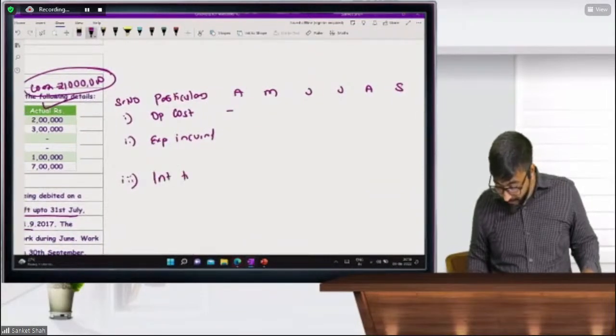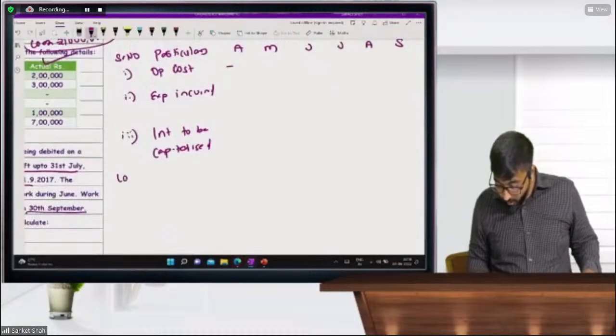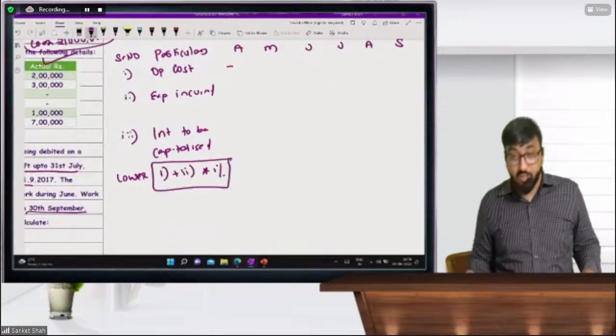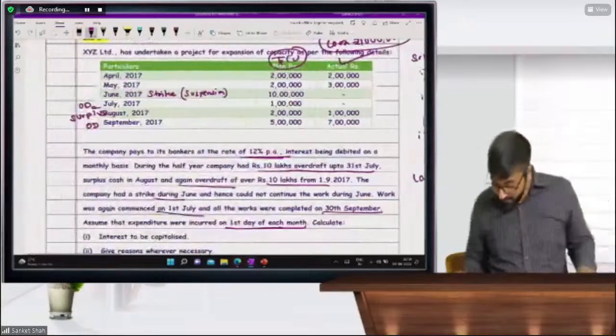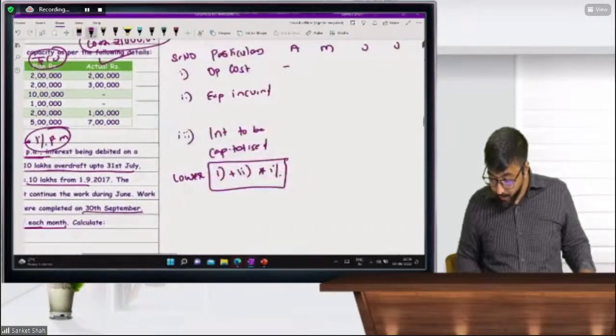Roman 3, interest to be capitalized. Now interest to be capitalized is the lower of, it's very simple, lower of (1 plus 2) into 1%. Why 1%? Because 12% per annum means 1% per month, and we are calculating per month, beta.